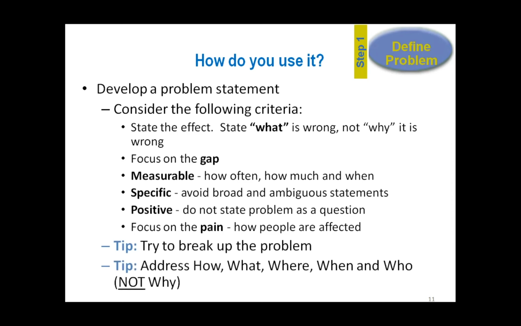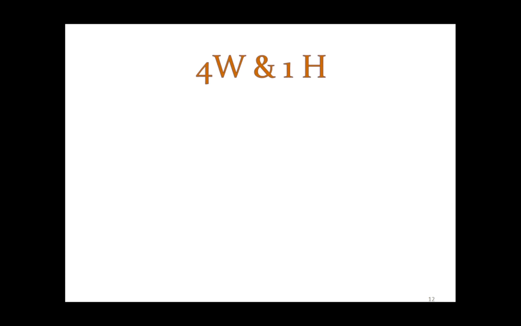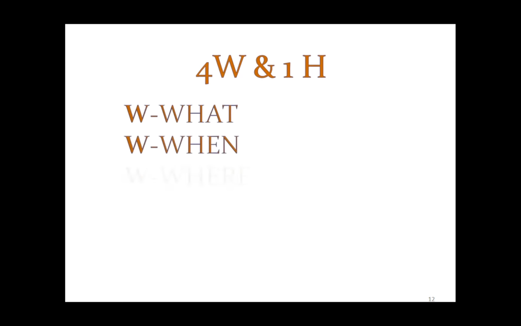So the guideline that is proposed in the Six Sigma approach is that we answer how, what, where, when, who, but not why. That's something that we go into as we go along in the initiative. So what the problem is, when did it occur? So we mention the time period, where in the assembly area, who's responsible.